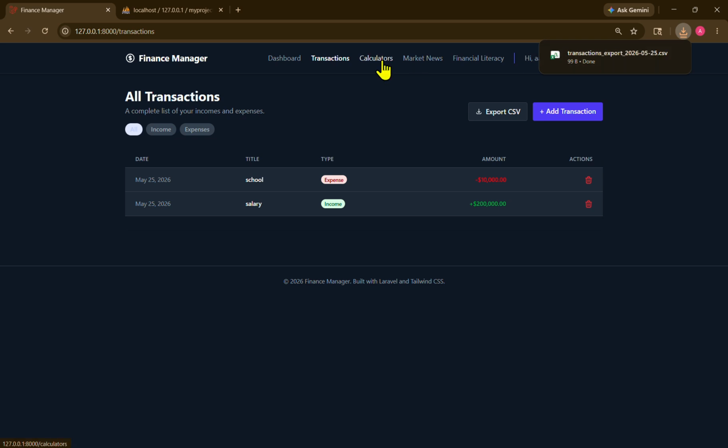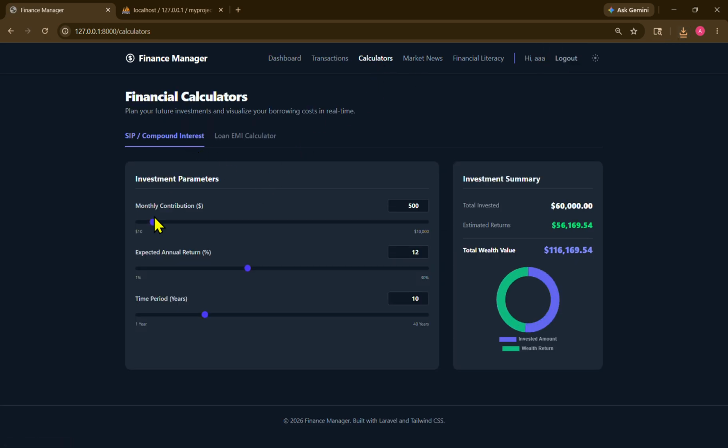Now we have one more thing, which is the calculator. In this calculator, one can see the different SIP or compound interest which one can use while paying loans or while investing in the stock market. Let's see how it works.